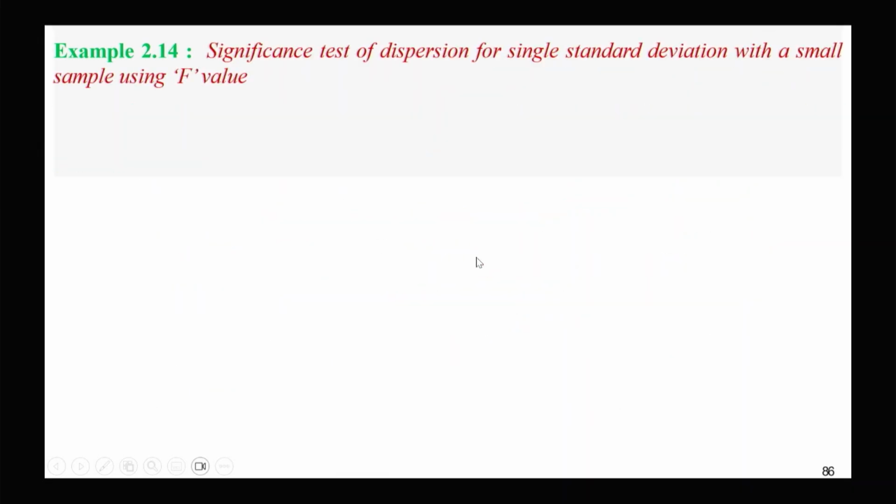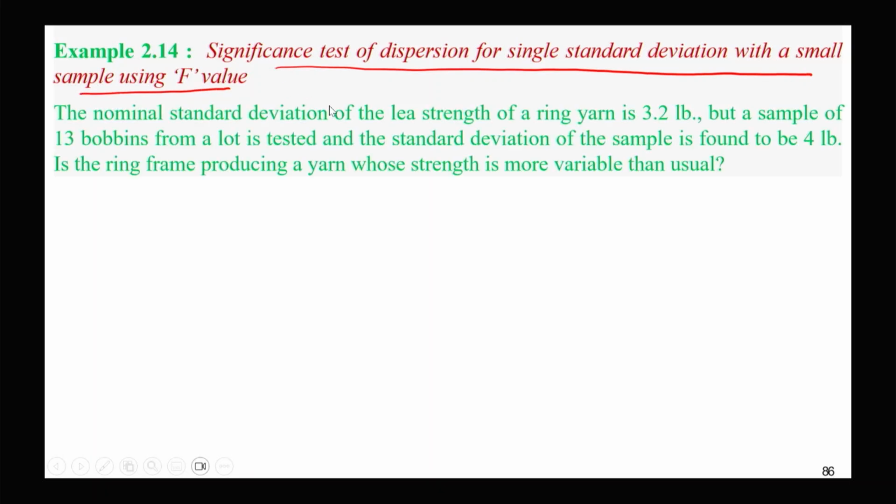Now next one, significance test for dispersion for single standard deviation with small sample using F test. So this also we have already done. Now let us see: the nominal standard deviation of the Lee strength of a ring yarn is 3.2 pound, but a sample of 13 bobbins from a lot is tested.